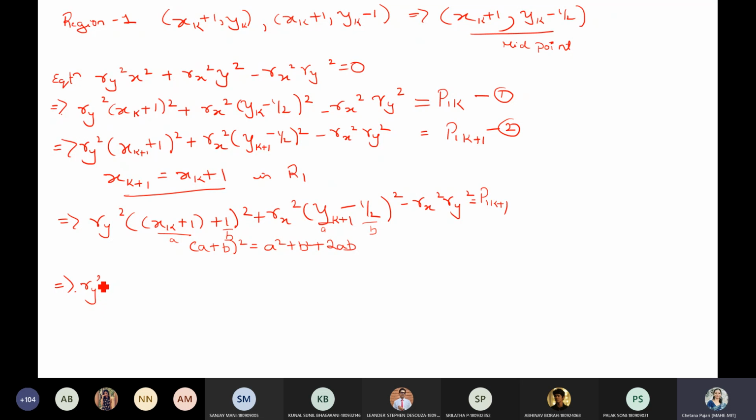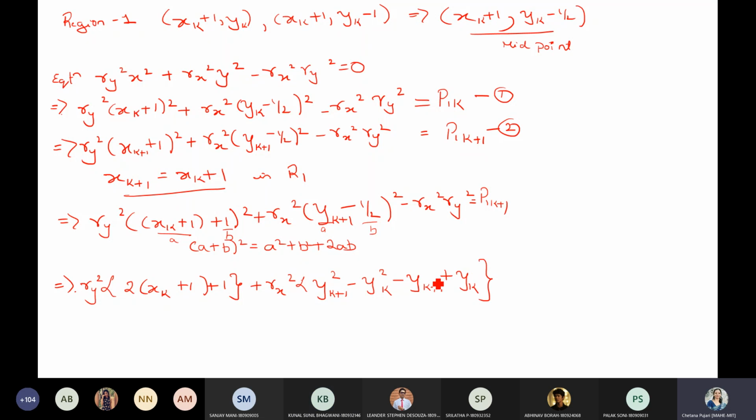That is ry square into 2 into, you can just verify it, try to do the simplification on your end, plus 1, plus rx square, yk plus 1 whole square, minus yk square, minus yk plus 1 plus yk.